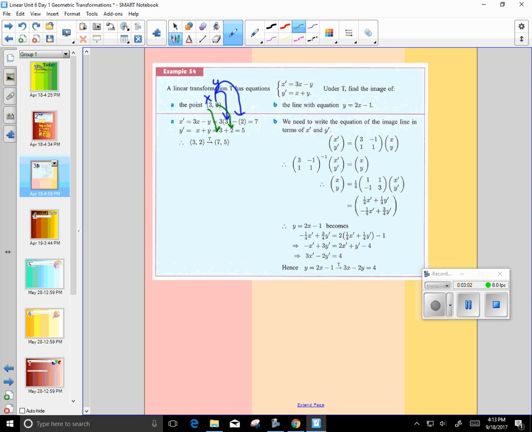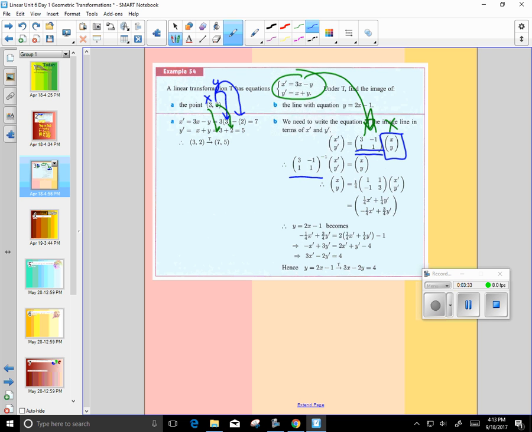Simple enough. Now the equation, a little different here. They wrote this as the A matrix, 3, negative 1, 1, 1, and x, y. And what they wanted to do is find the transformed equation. So how do you think they got rid of this to solve for x, y? Well, they did the inverse.